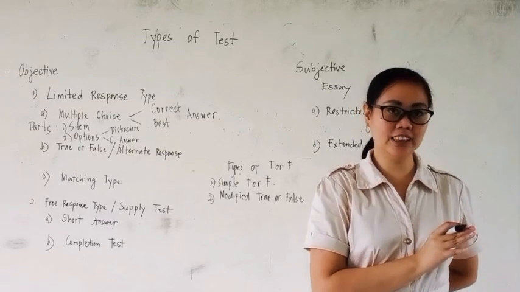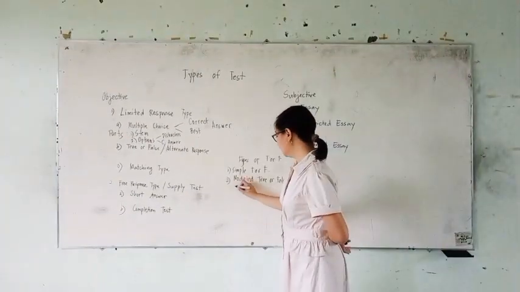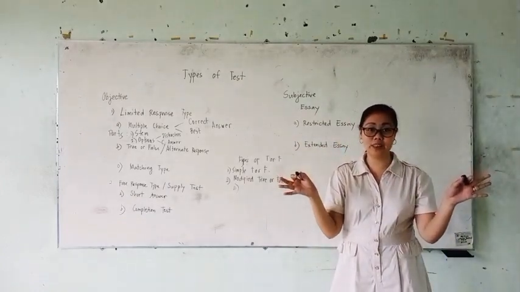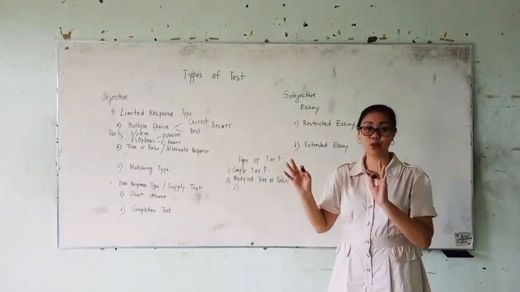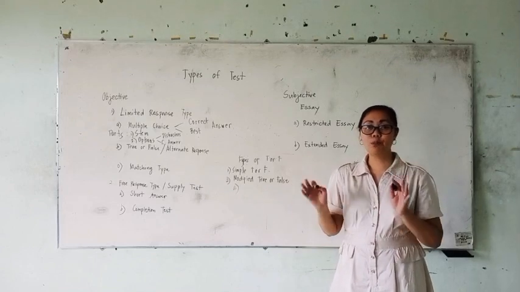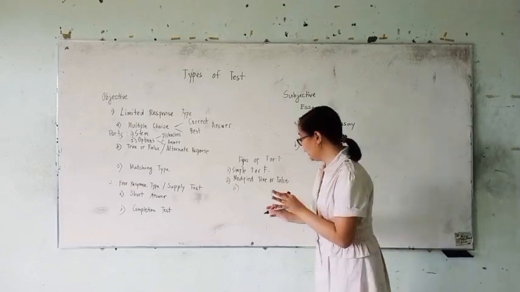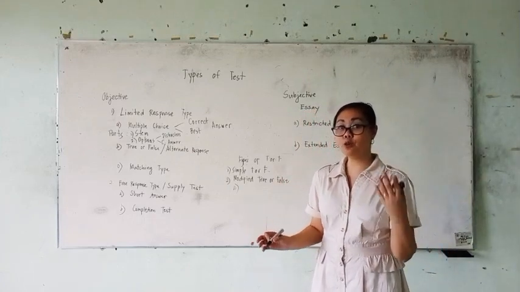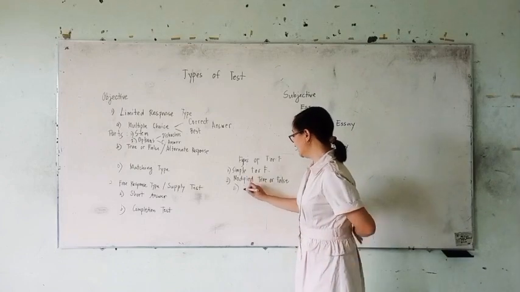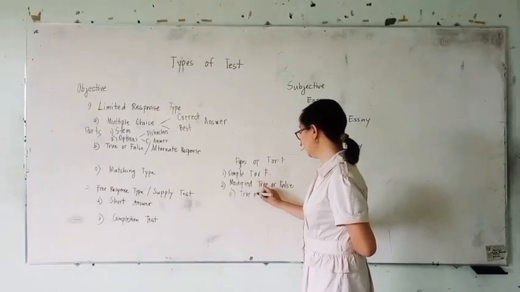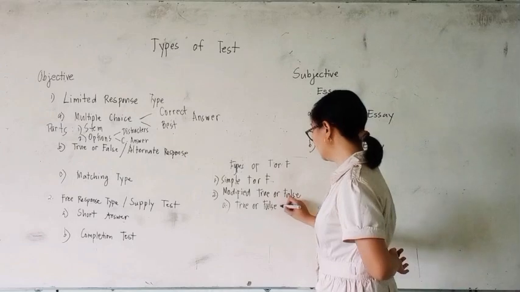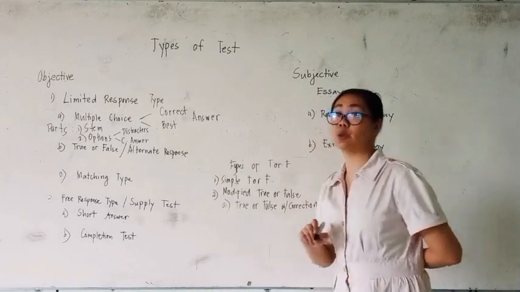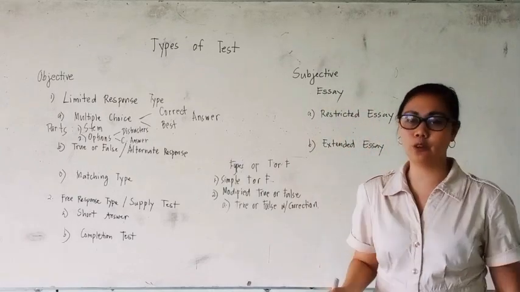Any modification to a true or false test, making it not a simple true or false test, is called modified true or false. One common example of modified true or false which your teachers might be using at all times is the true or false with correction. What is this true or false with correction?